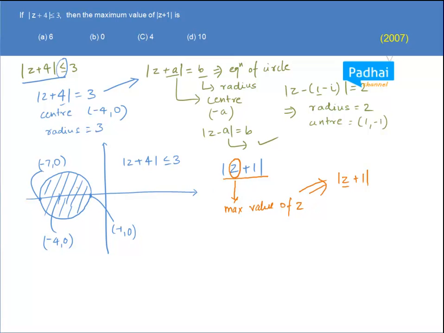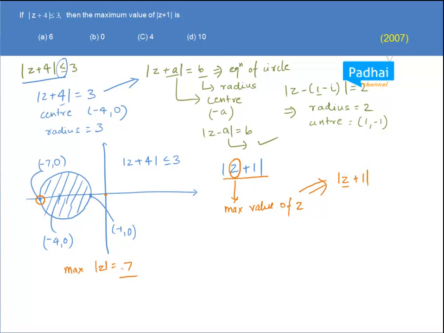Now in this diagram, what is the maximum value of |z|? z can take all the values lying in this area shaded in blue. The most extreme point from the origin, because maximum value is always taken from the origin, will be the point (-7, 0). So I can say max of |z| is equal to 7.